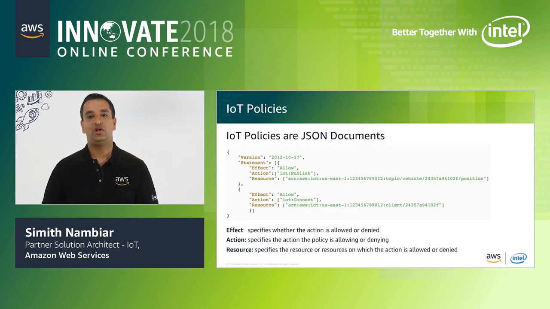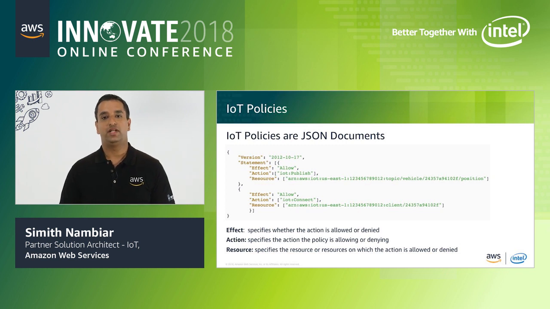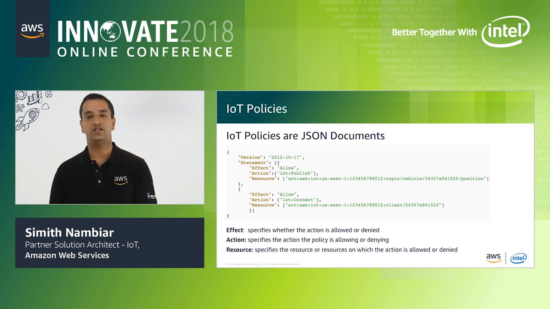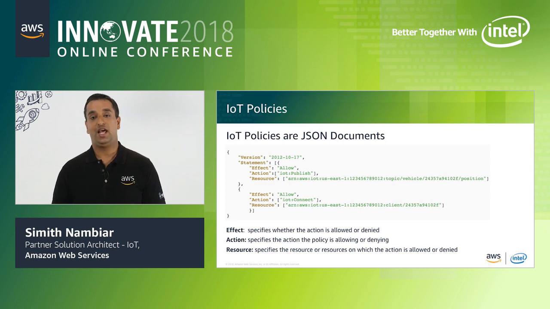An AWS IoT policy is a JSON document that contains one or more policy statements. Each statement contains an effect, an action, and a resource. The effect specifies whether the action is allowed or denied. The action specifies the action the policy is allowing or denying.